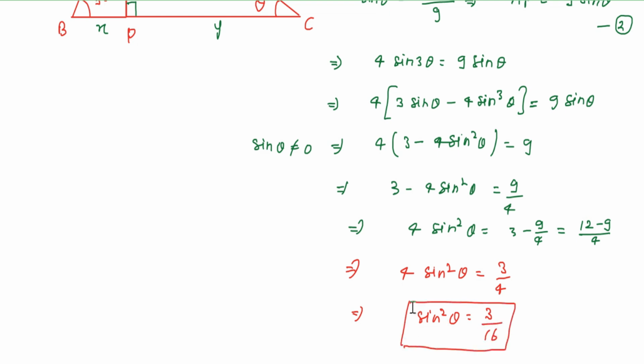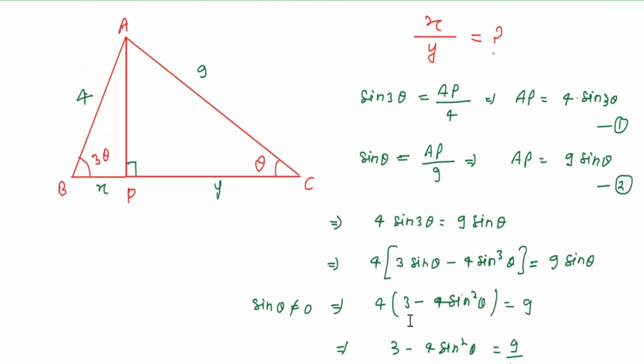Further, in triangle APB and in triangle APC, we will be using the T ratio cosine. So in triangle ABP we can write cos 3 theta is equal to base, that is BP, and its value is x, divided by hypotenuse, that is AB, and its value is 4.